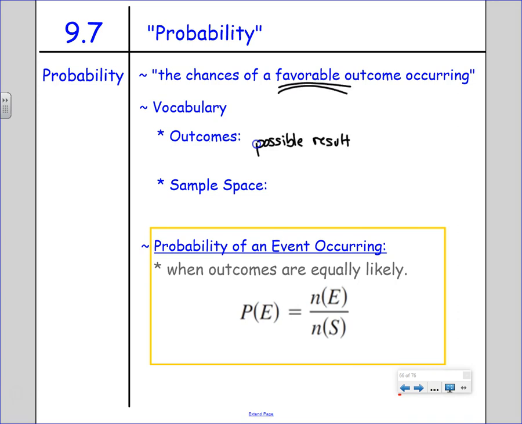There's a key word up here, favorable. It's actually meeting a certain condition. Like what are the chances if you flip a coin once you get heads? 50%. If you flip a coin twice of getting heads? 25%. Flipping a coin 3 times of getting heads? 12.5%.